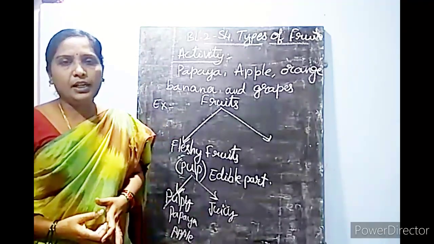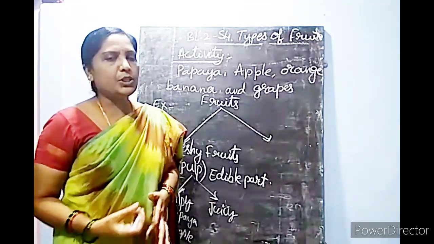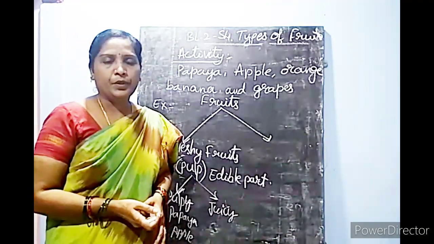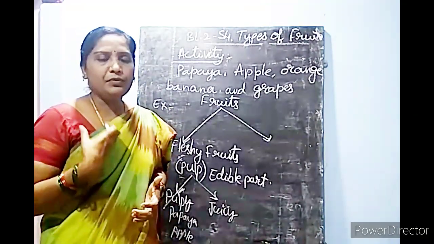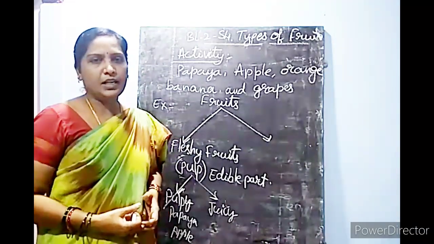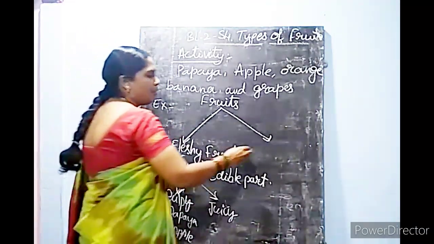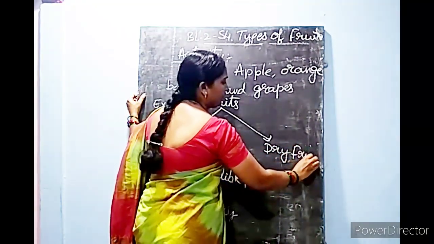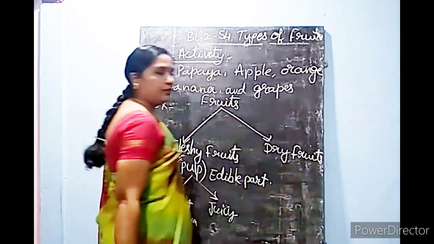So according to that, even the groundnut is also a fruit because the groundnut has seeds inside. So this groundnut, are we finding any pulp inside the groundnut? We can't. So such fruits are known as dry fruits.